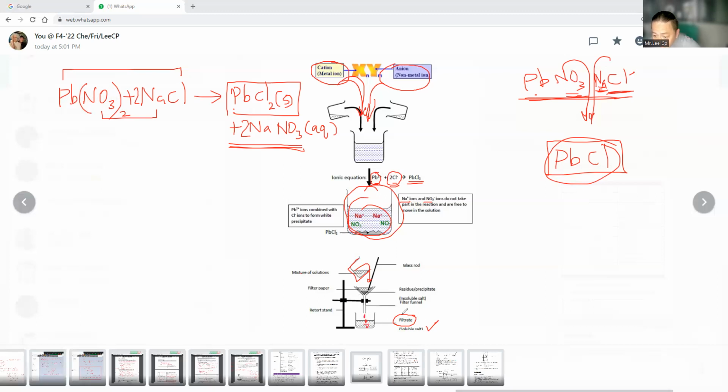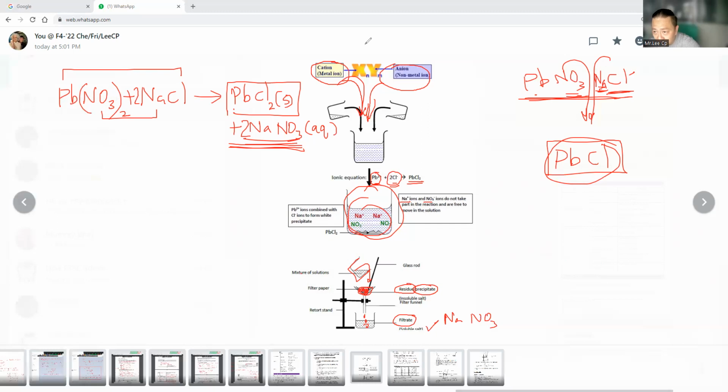What is this one right now? This one is NaNO3, Na and NO3. And then what is the thing that is left? Because solid cannot go through the filter paper, we call it the residue, or precipitate. So the residue or precipitate will be left here, so we can collect it.